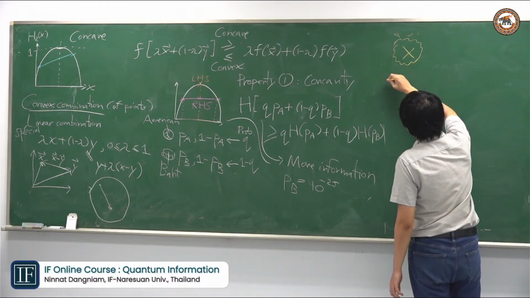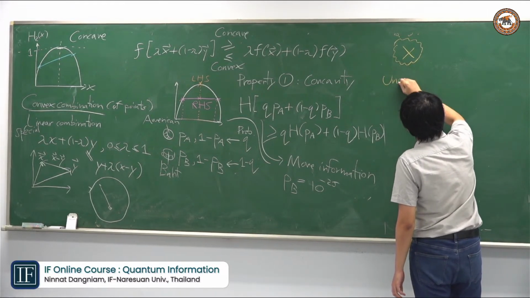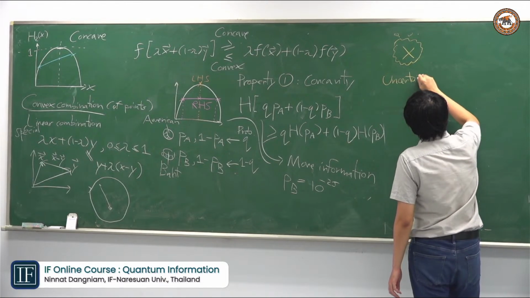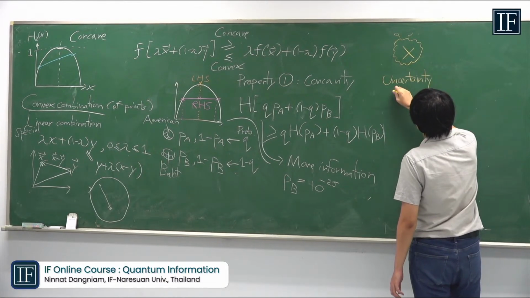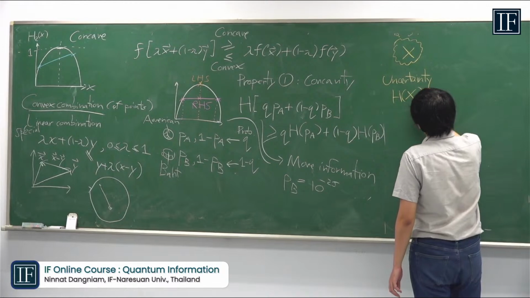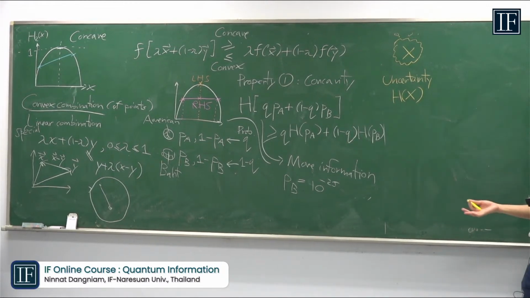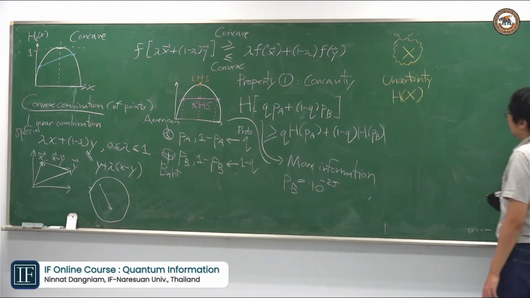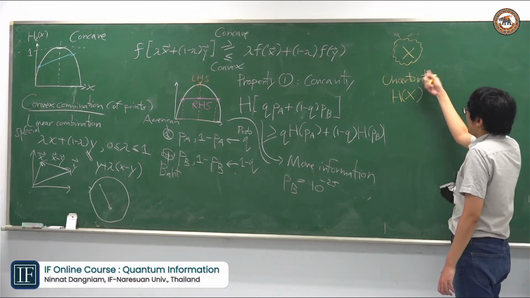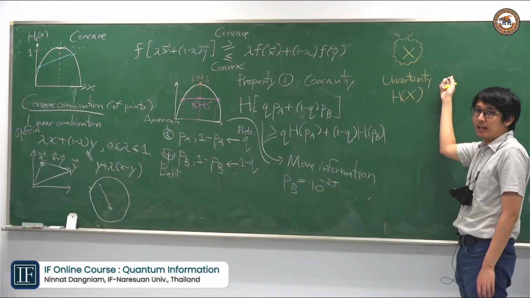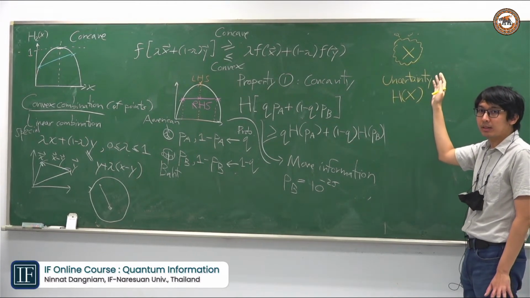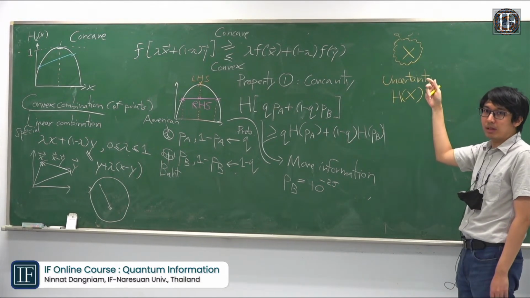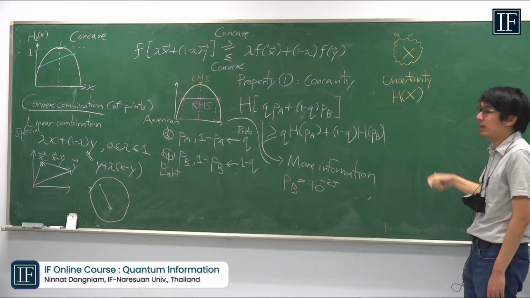Over here, people tend to think of the Shannon entropy as a measure of uncertainty. Of course, why it measures uncertainty has to be justified. It doesn't have to be Shannon entropy; this is just some special choice of function.